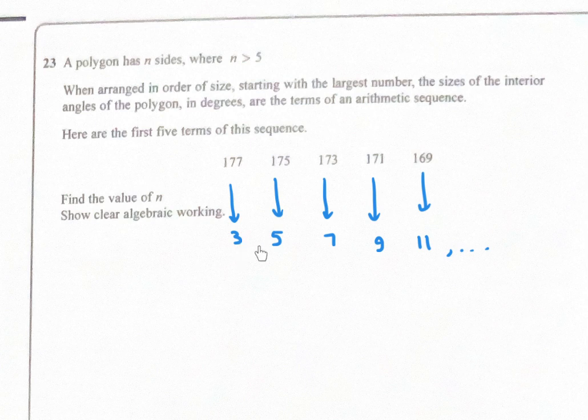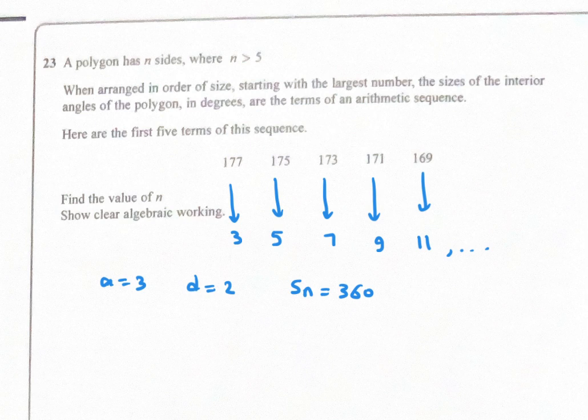We have an arithmetic sequence. The first term is 3, so a equals 3, and the common difference is 2, because each time we add 2. The sum of the exterior angles of any polygon equals 360, so S n equals 360.